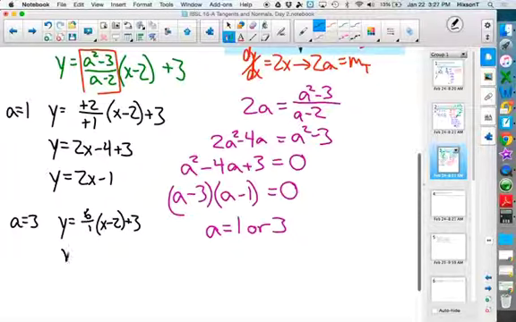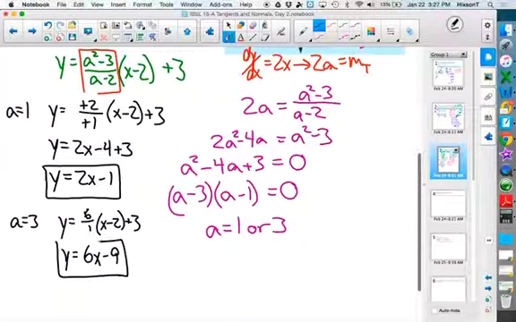So y would equal 6x minus 12 plus 3, which is minus 9. So I have two different tangent lines.